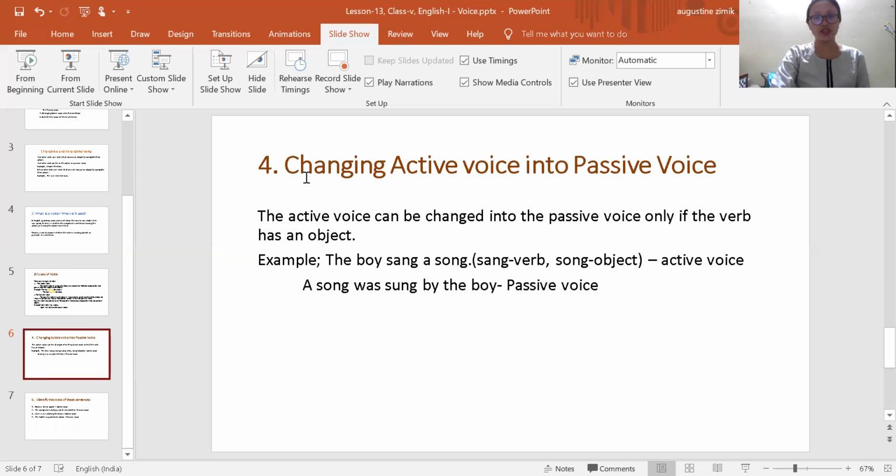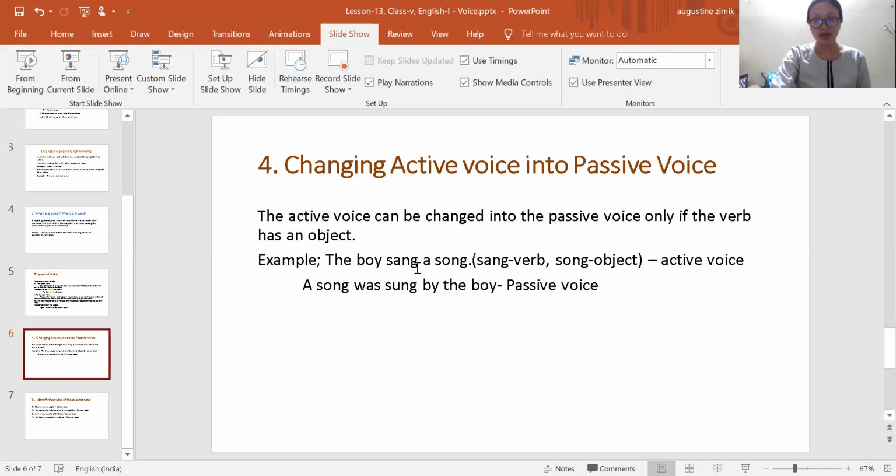Next, we have changing active voice into passive voice. How are we going to change the active voice into the passive voice? Let's see. The active voice can be changed into the passive voice only if the verb has an object. What does it say? Only if the verb, okay, has an object. Example, let's see.